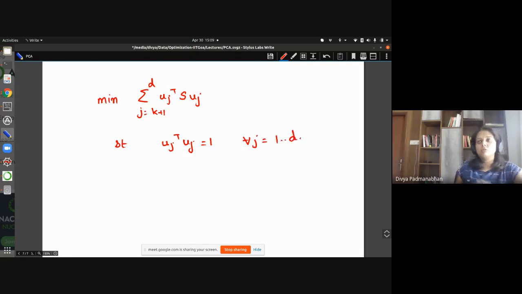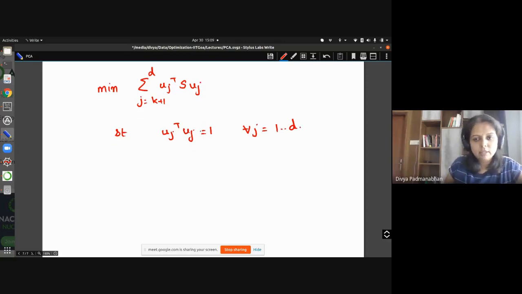I'm looking at a smaller problem. Now we're just going to find the KKT points. I'll include a Lagrange multiplier for each of these equality constraints, so the Lagrangian is a function of u and the multipliers.